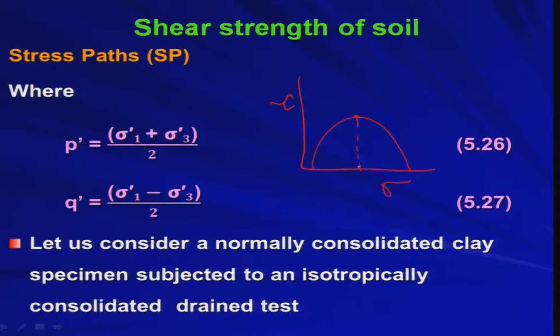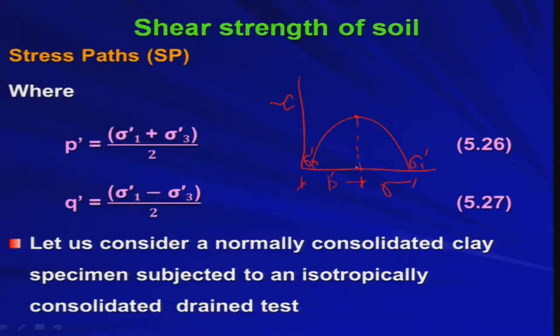So p prime, from here to here, with sigma 1 prime and sigma 3 prime in terms of effective stress, is nothing but the distance of the center from the origin, agreed.